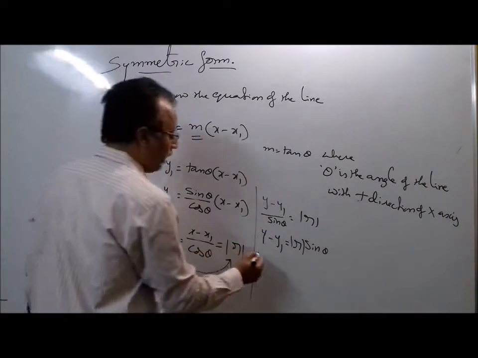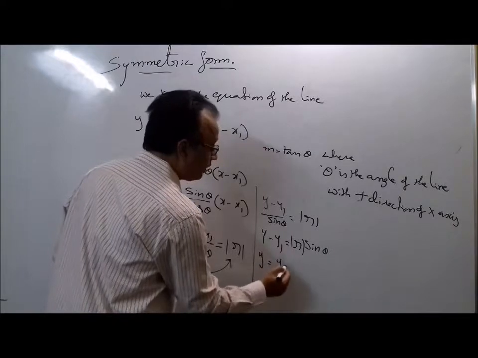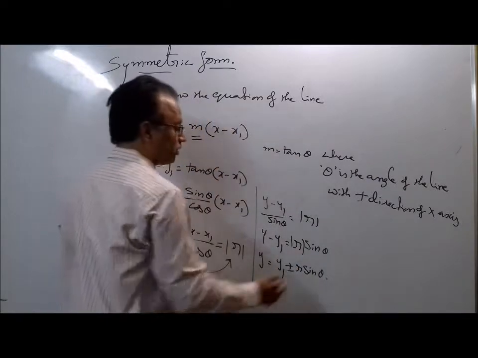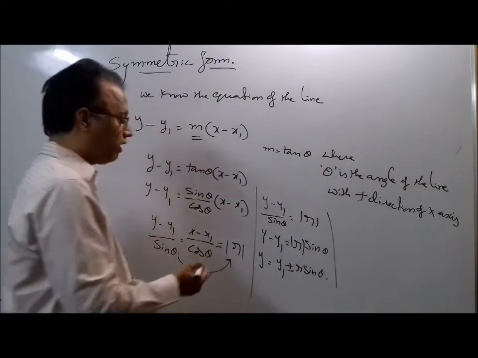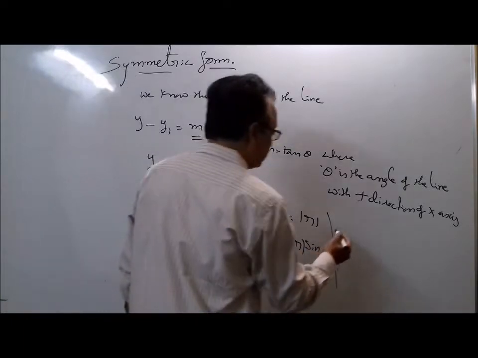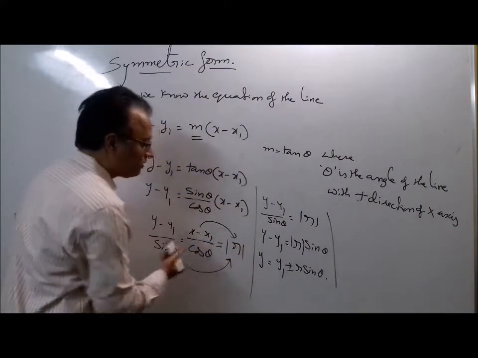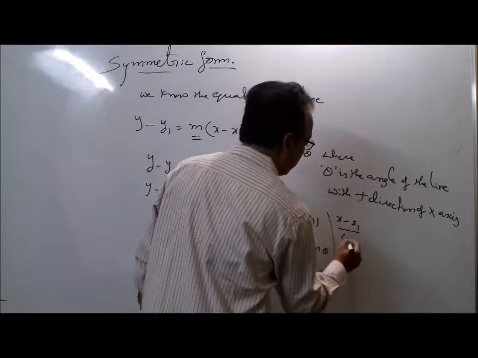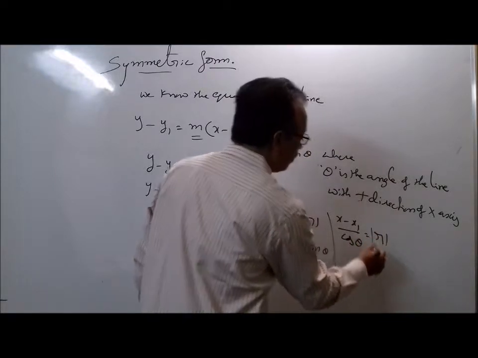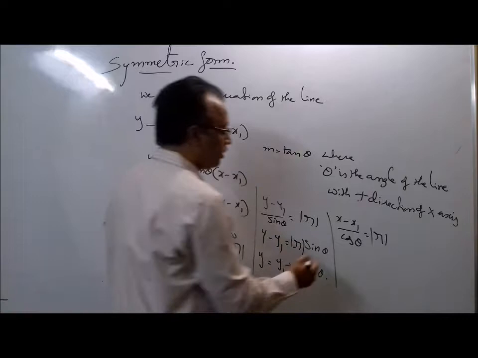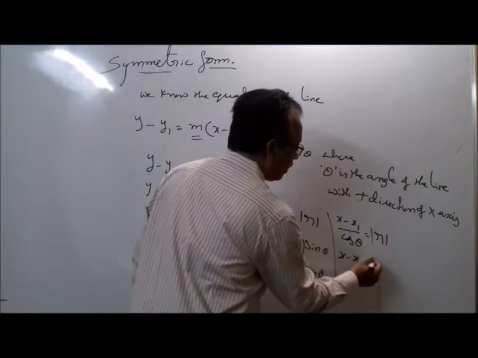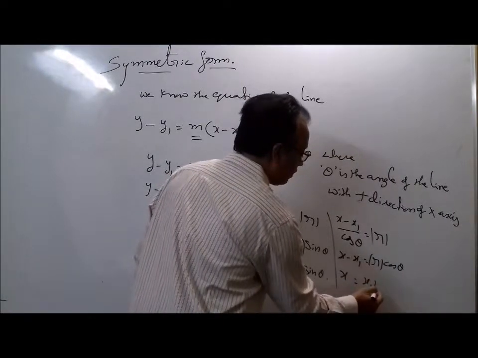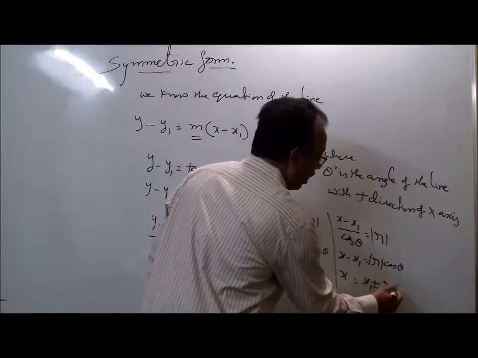That is, y is y1 plus or minus r sin theta, can be positive, can be negative. Similarly, I take this relation, x minus x1 by cos theta is equal to r. That is, x minus x1 is r cos theta. So x is equal to x1 plus or minus r cos theta.